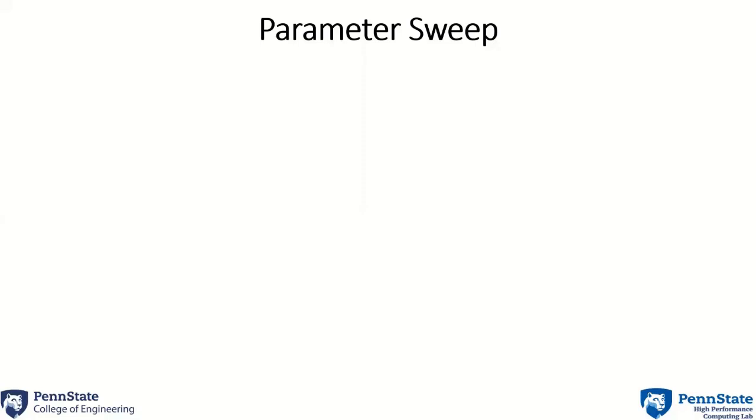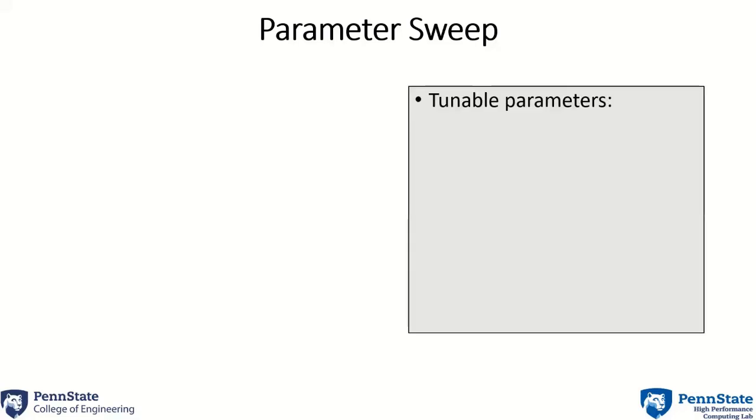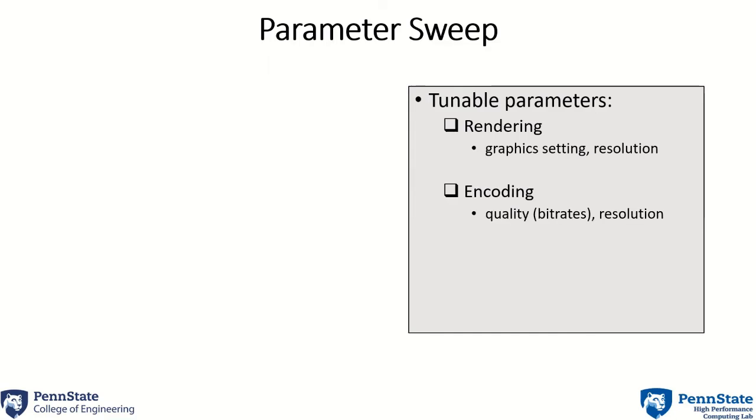We conduct a thorough parameter sweep across various tunable parameters for the game streaming pipeline. We consider different graphics settings and rendered frame resolution for the game engines. We also fiddle with different encoding bit rates and frame resolutions at the server encoders. We also evaluate the impact of two types of network connection, that is 5G and Wi-Fi, on game streaming.